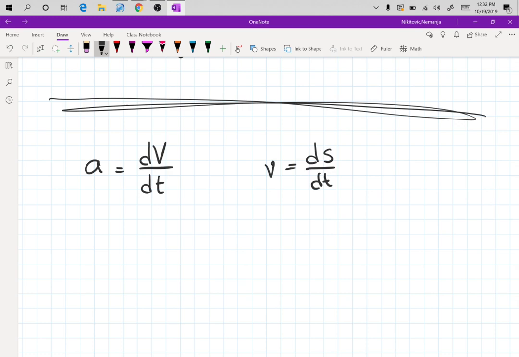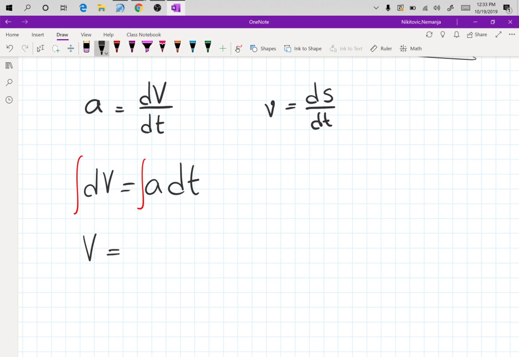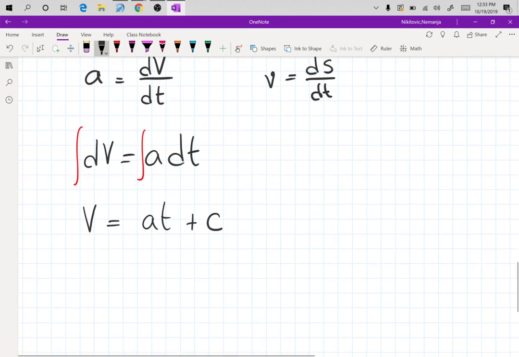So, a, change of velocity in time. We separate the variables. We have dv equals a dt. We integrate the two, and it comes up to be velocity is equal to at plus some constant c.